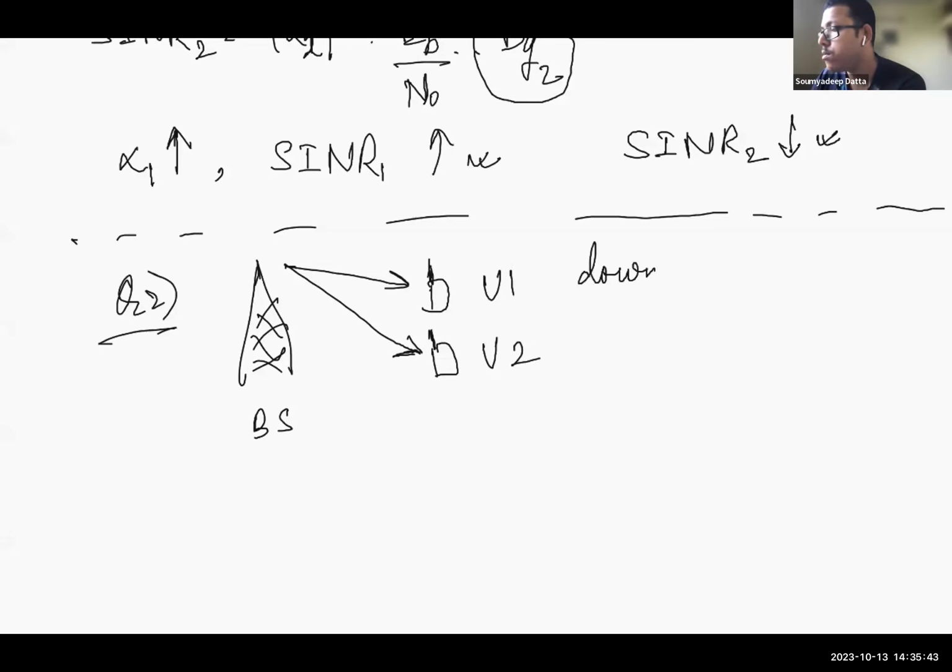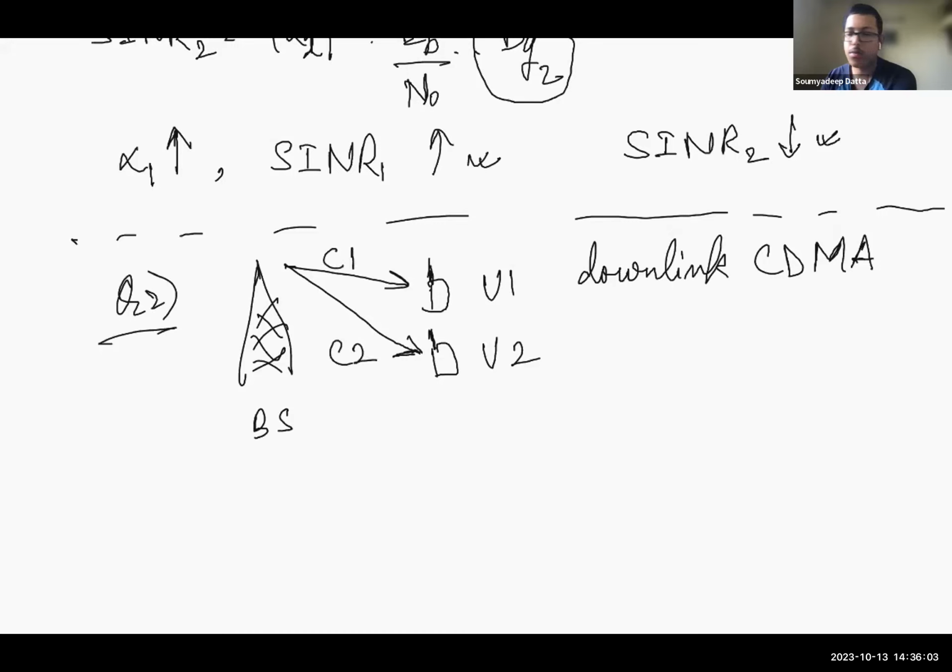It will use two different spreading codes, C1 and C2, for user 1 and user 2. And C1 and C2 have to be orthogonal to each other.